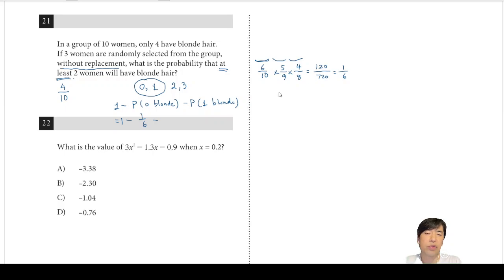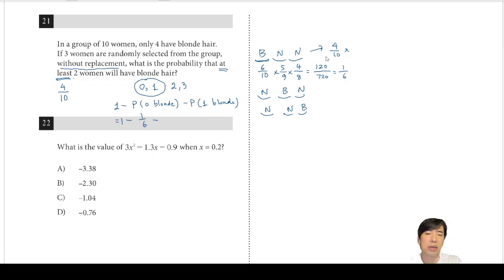Probability of choosing 1 blonde is something like you have blonde, not blonde, not blonde, and not blonde, blonde, not blonde, and not blonde, not blonde, blonde. So the first one must be what? 4 out of 10 is blonde.